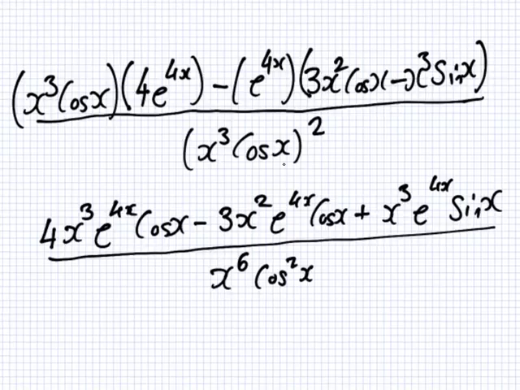The bottom stays like this, because in the quotient rule it's just the bottom squared.